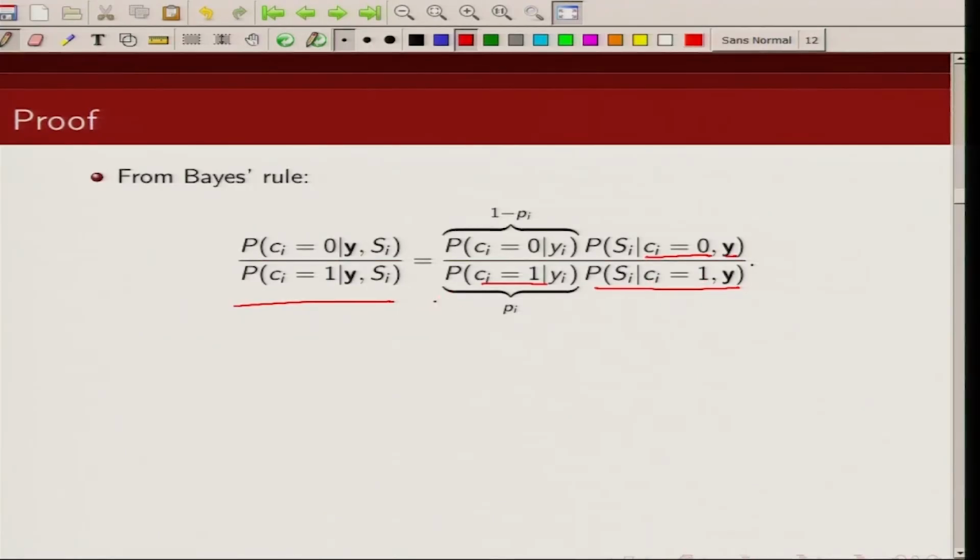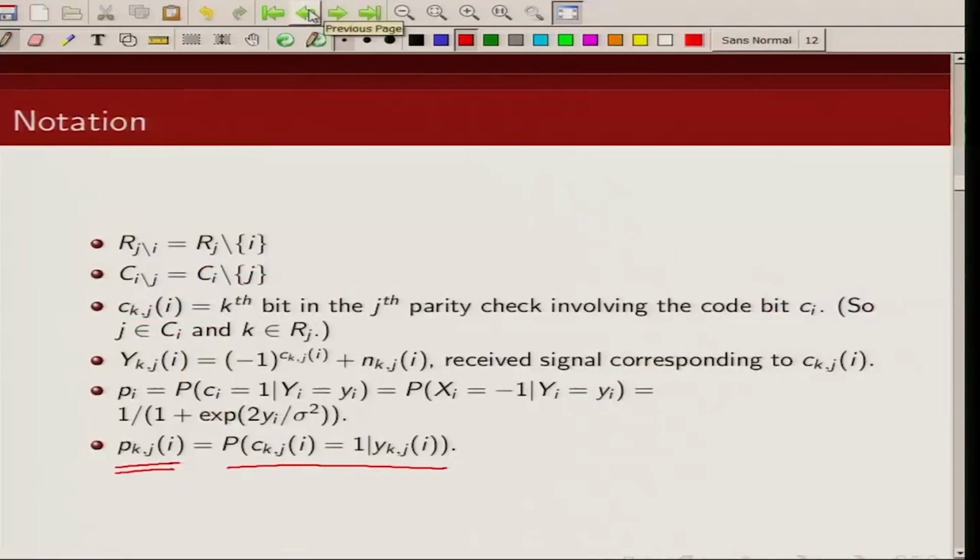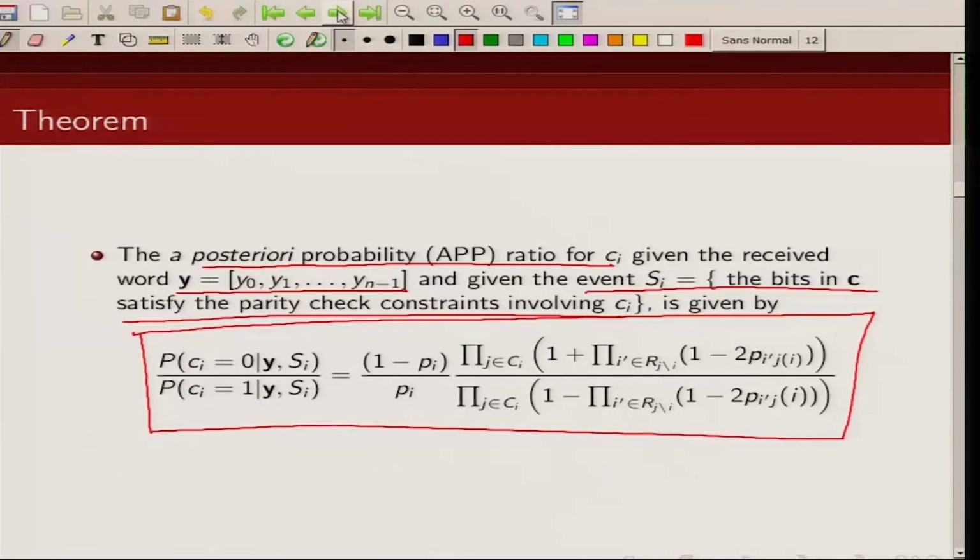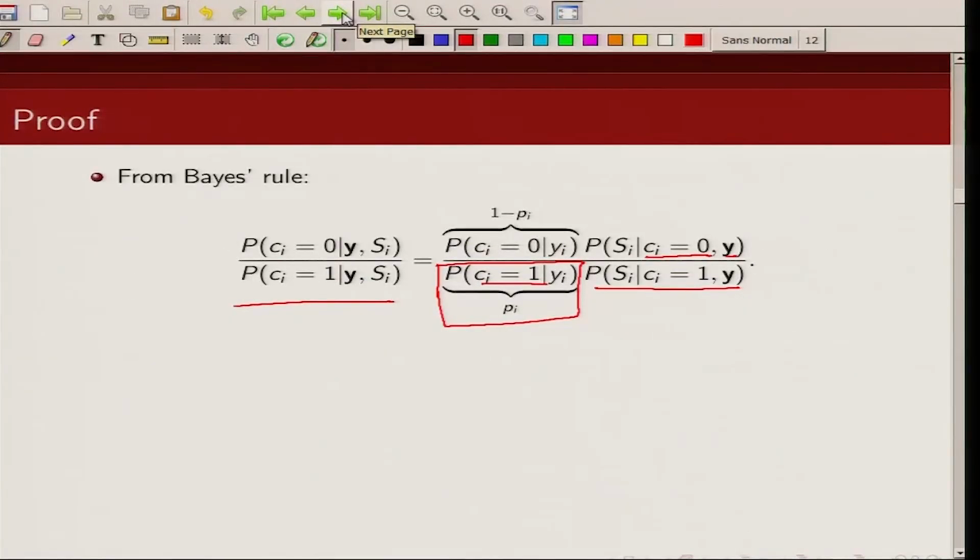So, this probability is nothing but our Pi. If you go back, what was Pi? Pi is probability of Ci given Yi. So, that is Pi. So, then this upper term would be 1 minus Pi. Okay. Now, let us pay close attention to these terms then.